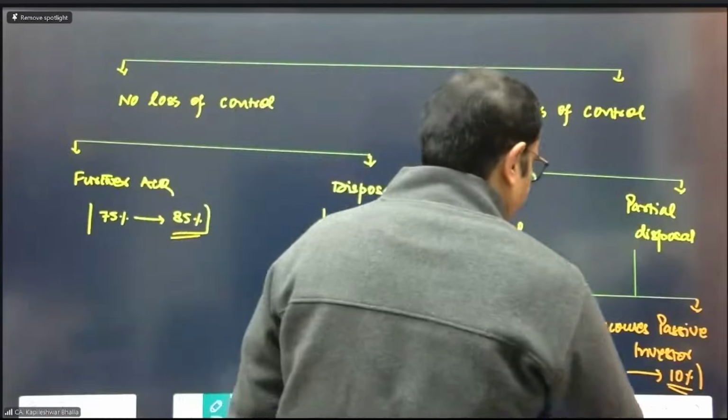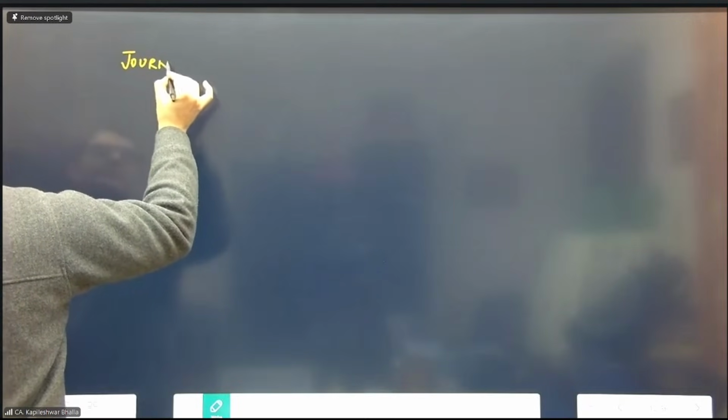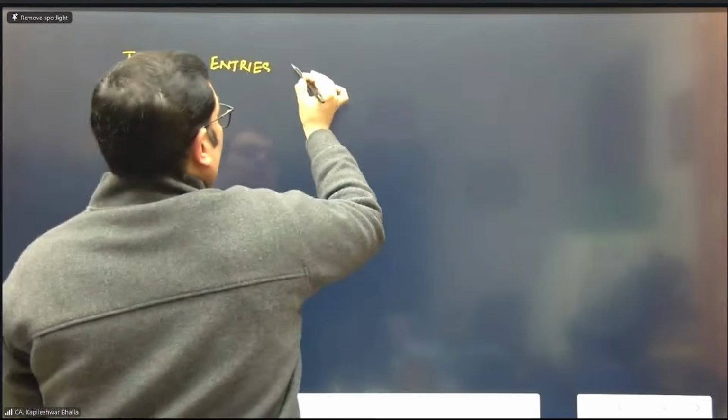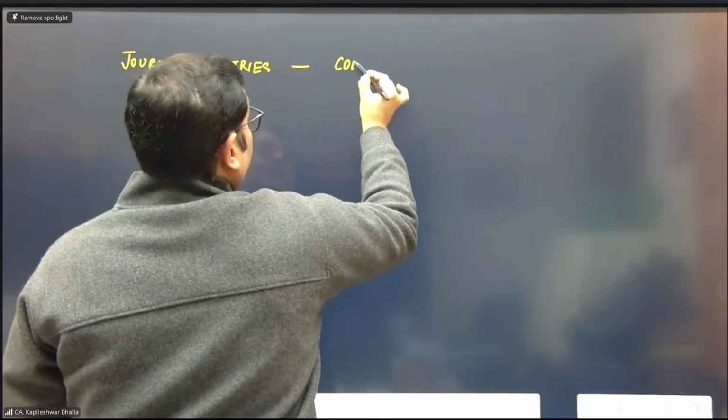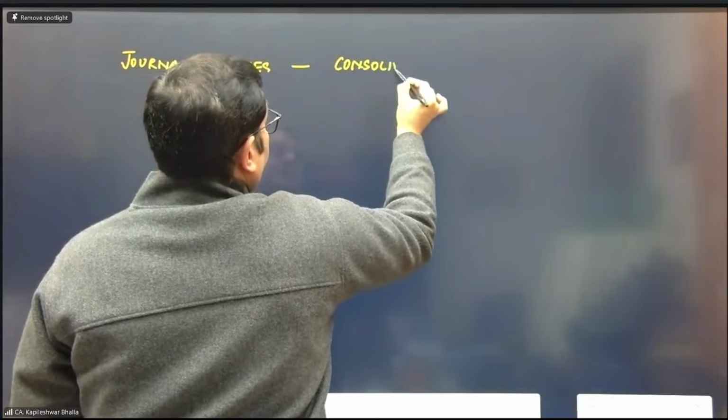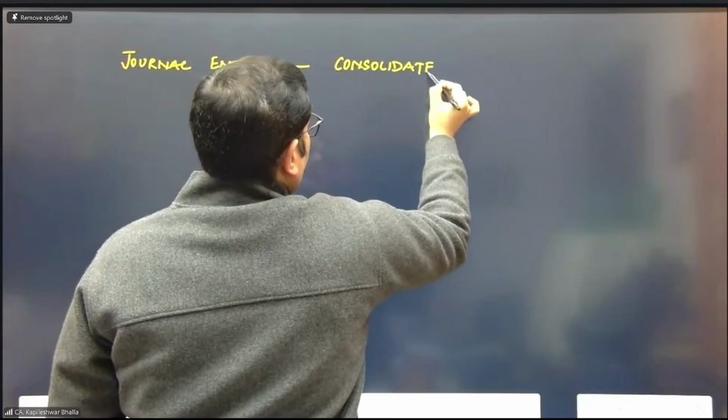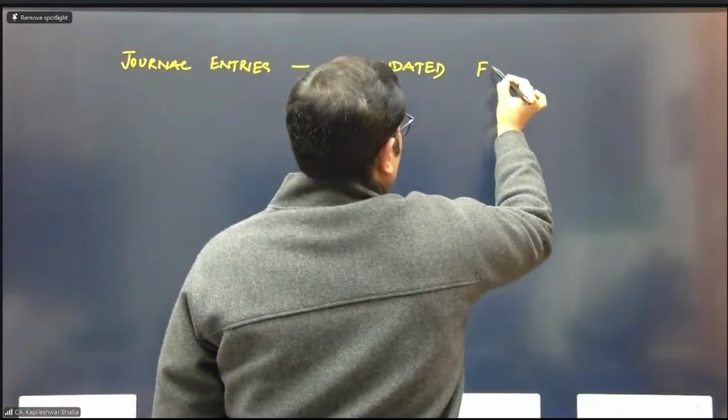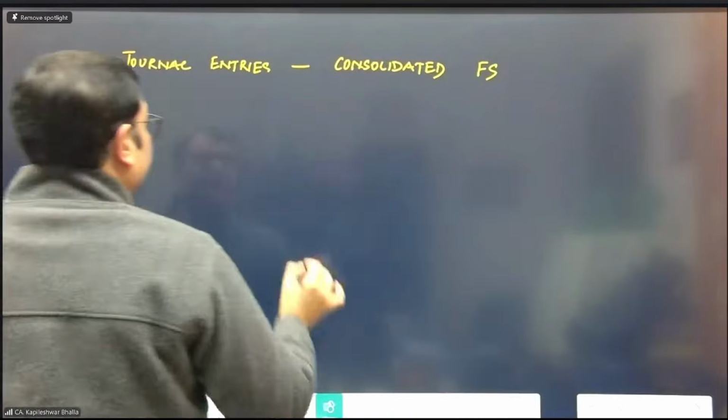Let's have a look. Now, let me tell you, I am giving you the journal entries for the changes in ownership in the consolidated financial statements. These entries which we're doing are in terms of consolidated financial statements.